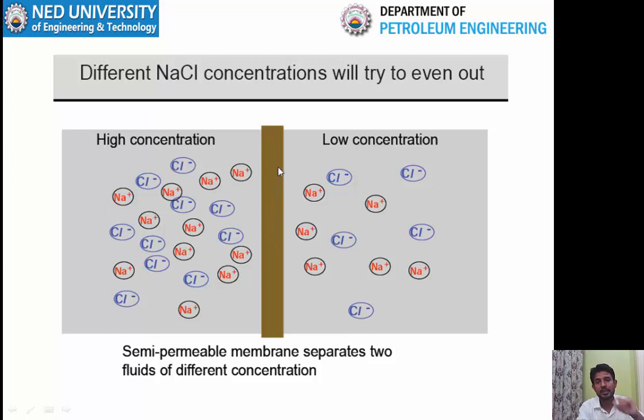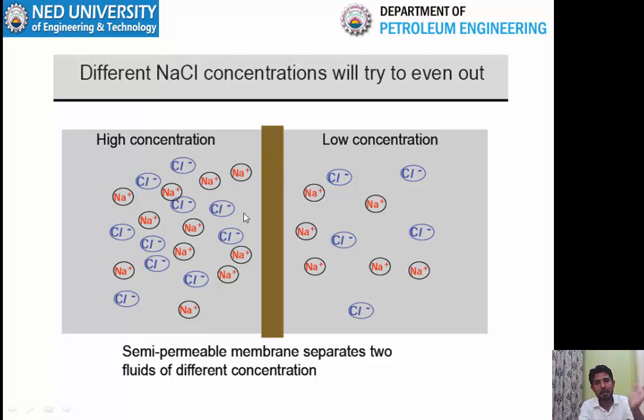Since we know that shale cannot allow the chloride ions to pass through it, chloride ions, although they are mobile, as we have seen, and easily pass in the porous and permeable formation, cannot pass in the shale zone because shale repels them. So sodium ions will move from the high concentration to low concentration because they can pass or diffuse easier and quicker as compared to chloride ions.